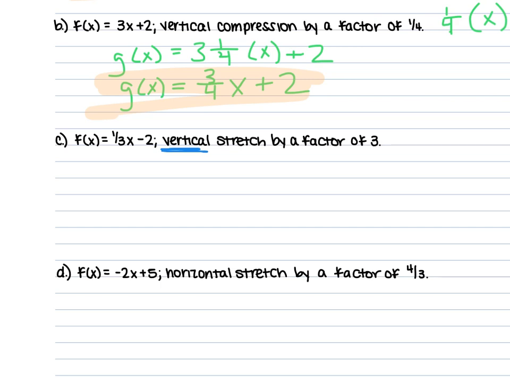It would change the whole equation. But here we are multiplying the outside by 3. So we have 1/3 times 3 times x minus 2. So we just multiply. Yeah. So for vertical, we don't do the reciprocal. Correct. For horizontal, we do. Right. So horizontal happens inside, and inside it's always the opposite. Oh, okay. Thank you.